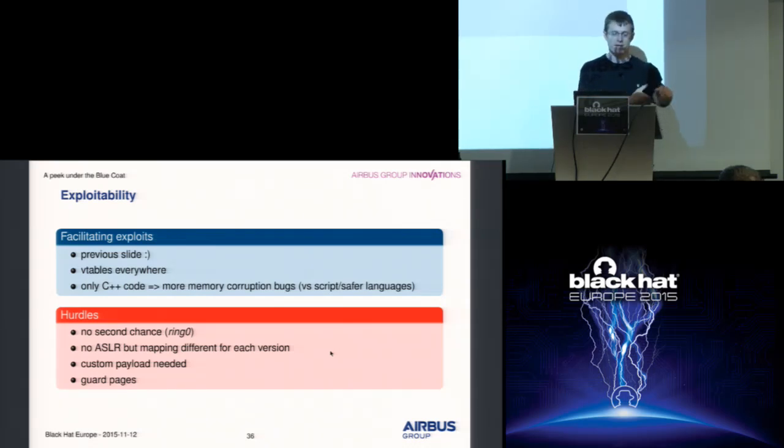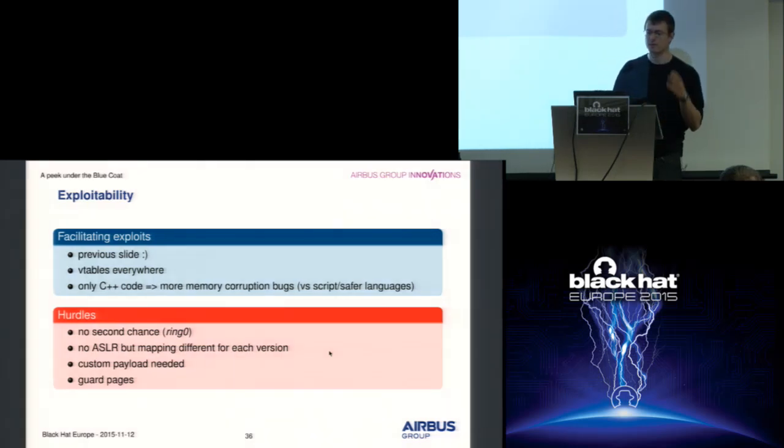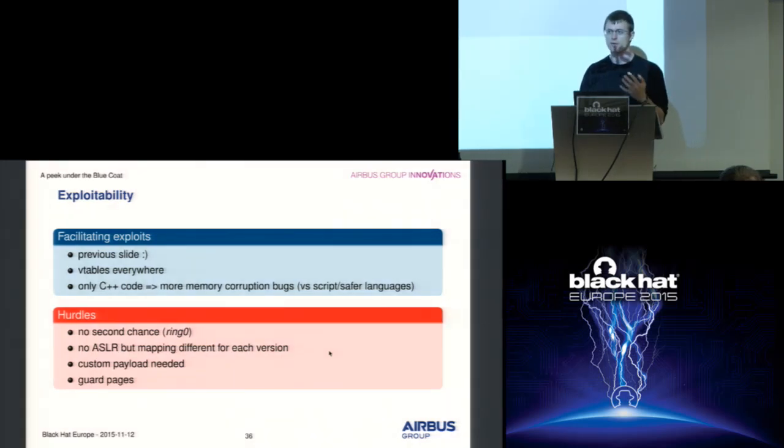So you don't have a fixed address like in a PE that would get loaded at 0x400000 on Windows. You would have to have a very precise fingerprint of the Blue Coat Proxy SG to make sure you have the right addresses. But if you have it, then you have no ASLR, so that's it.